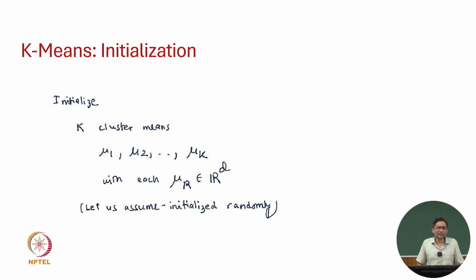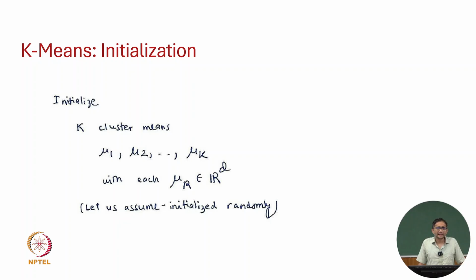Let us assume for now that mu1, mu2, up to mu k are indeed initialized randomly. There are other ways to initialize them instead of initializing randomly, and we'll briefly mention one of those methods. However, for now, let us just assume that they're initialized randomly.